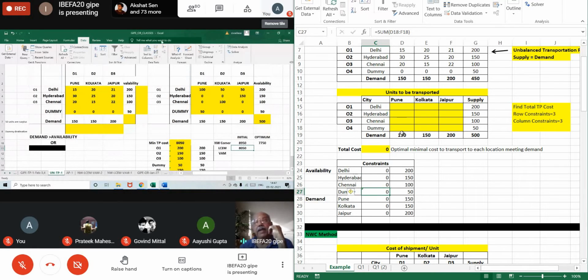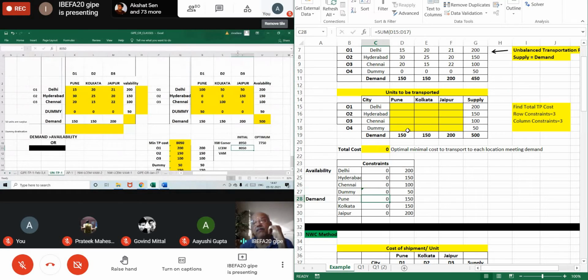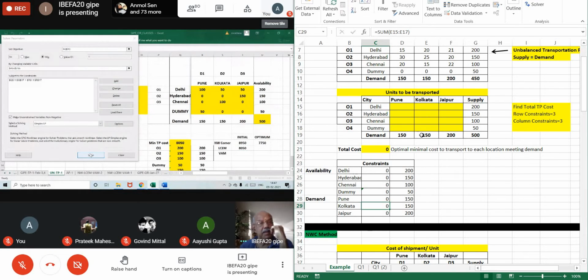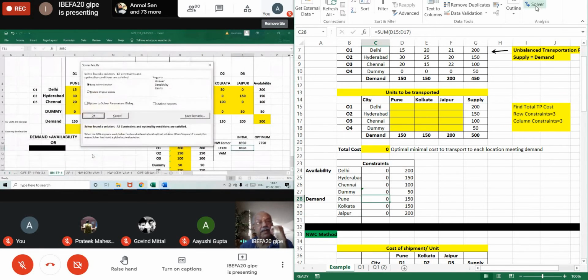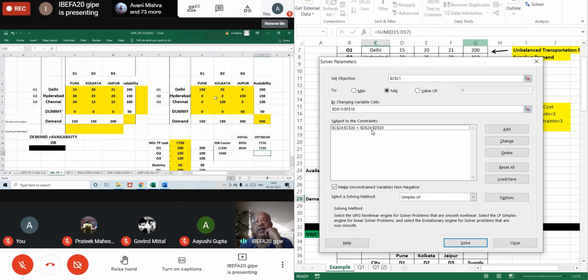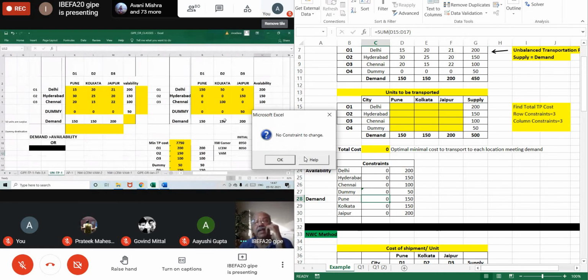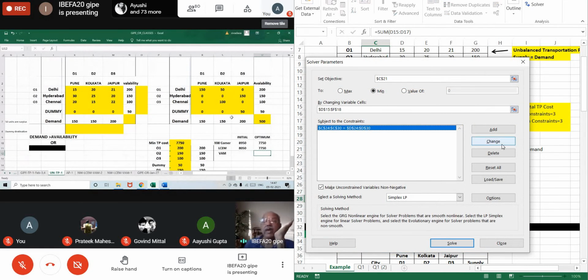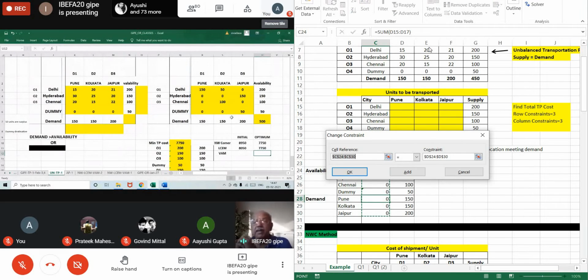So now data, solver, solve it. Again the answer comes out to be 7750. This is the final allocation. That means Jaipur is going to have a shortage for minimizing the TP cost.